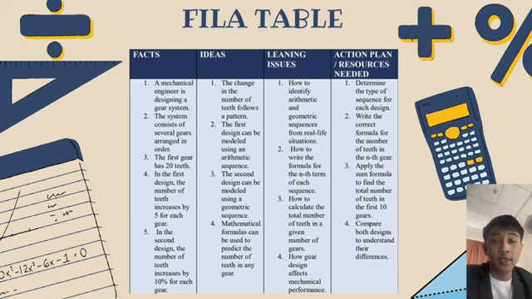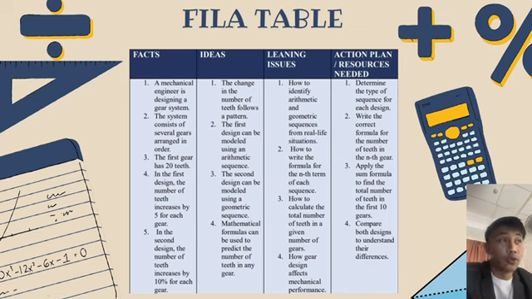Next, for ideas, the first idea is that the change in the number of teeth follows a pattern. Second, the first design can be modeled using an arithmetic sequence. Third, the second design can be modeled using a geometric sequence. And the last idea, mathematical formulas can be used to predict the number of teeth in any gear.